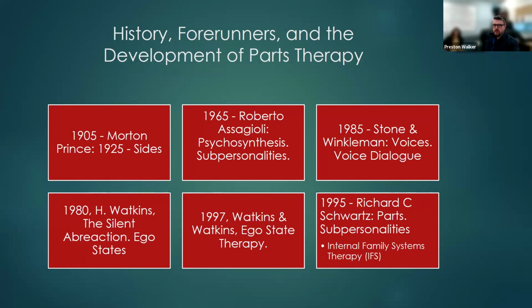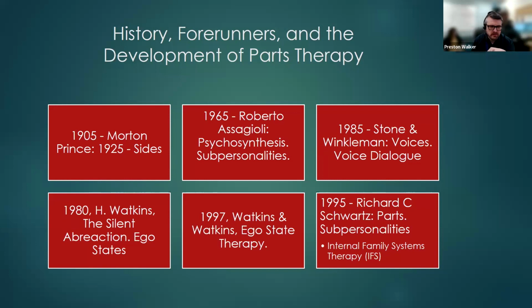Watkins had something called the silent abreaction, where a person would imagine walking on a path and seeing a big boulder and using a stick to beat the boulder, and this was a way for them to express their emotion and not feel it as much anymore.